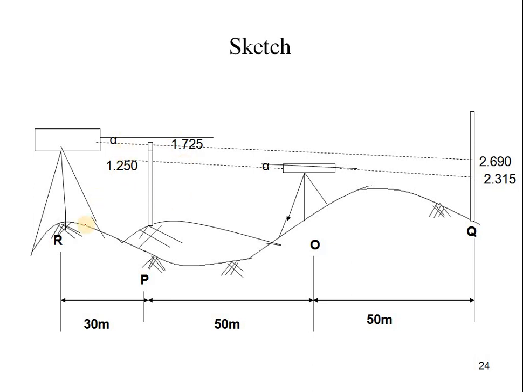So this is the diagram. This is R and O, P and Q. Here R is the instrument position and O is the instrument position.